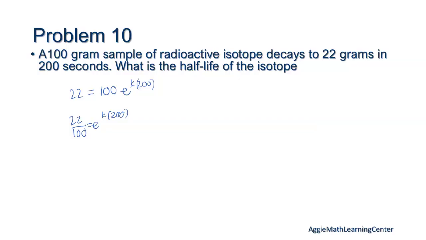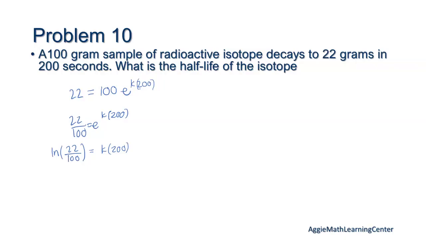What next? Maybe somebody that didn't answer yet. Is it the ln? Yep, both sides. The thing that I want is up in the exponent, so I have to take the natural log of both sides. Because I'm kind of answering the question, e raised to the what is equal to 22 over 100.